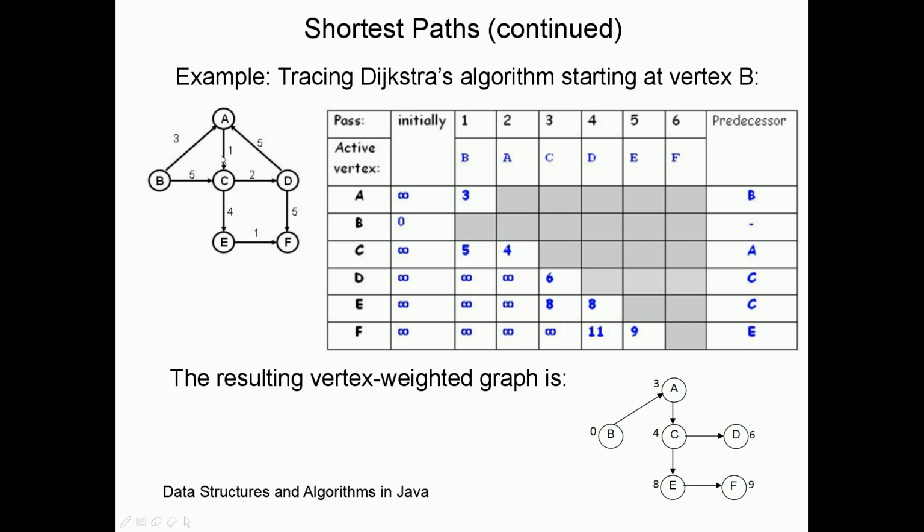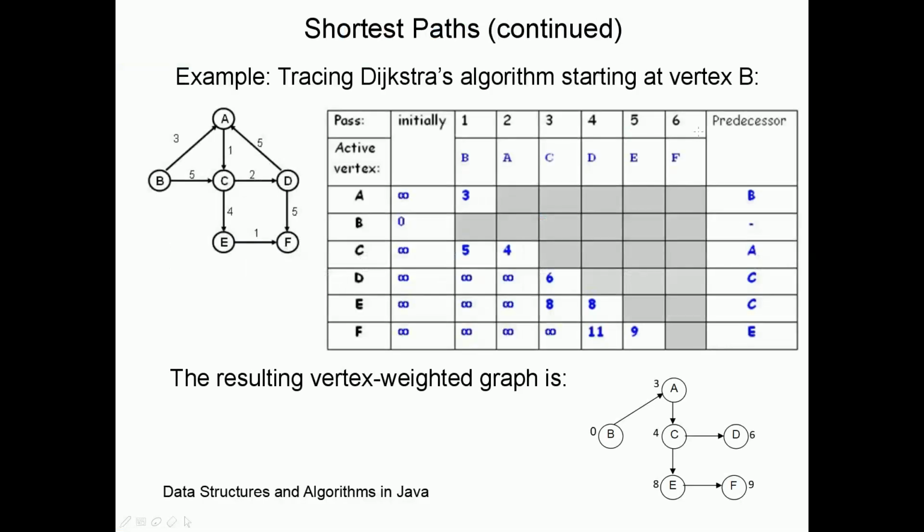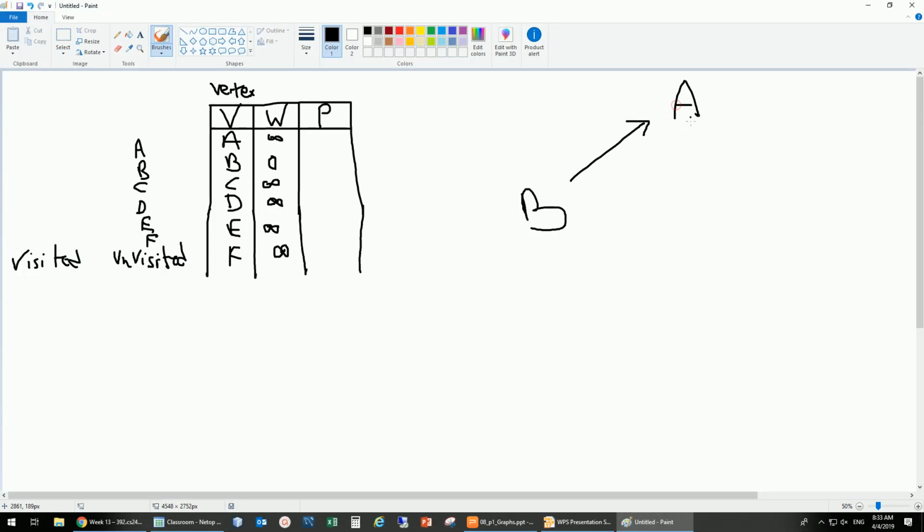Now, what I'm going to do too is maybe represent this graph, not like that. I'm just going to put this B, and then we have B that goes to A. This is a directed graph, so I'm going to put these arrows, and this is A, and the cost is 3.